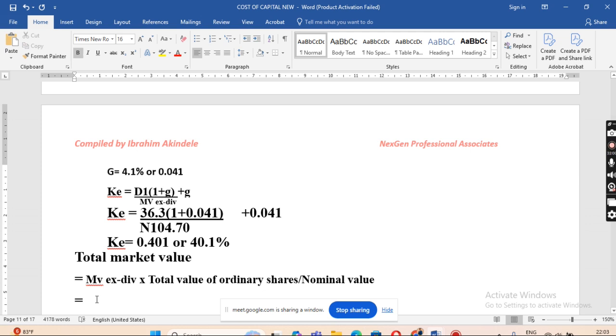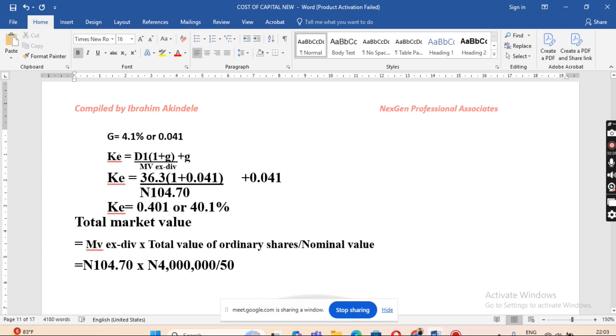So which is 104.70 times total value of ordinary shares, which is 4 million, divided by the nominal value of 50 kobo, which is 0.50, or you say 50. Now, what do you have? What is your total market value? Class, what is your total market value figure?